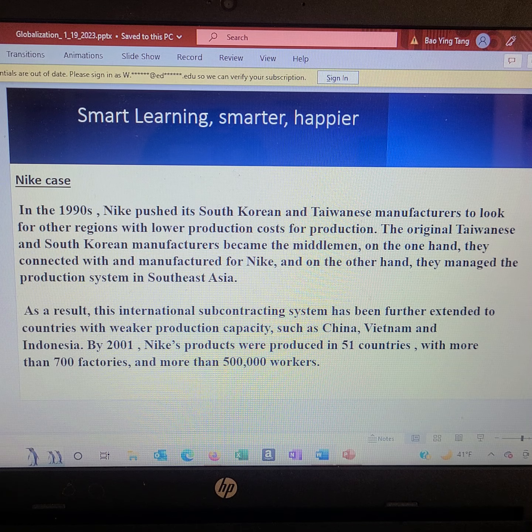As a result, this international subcontracting system has been further extended to countries with weaker production capacity, such as China, Vietnam, and Indonesia. By the year 2001, Nike's products were produced in 51 countries, with more than 700 factories and more than 500,000 workers.